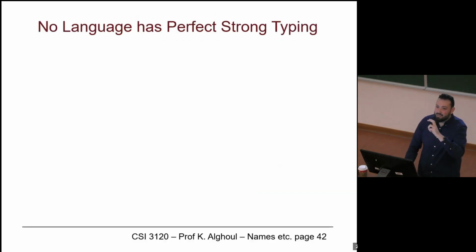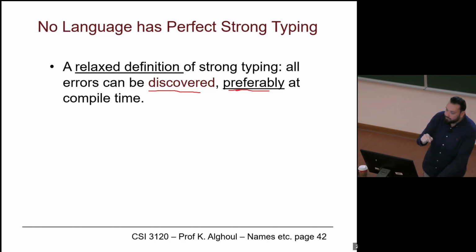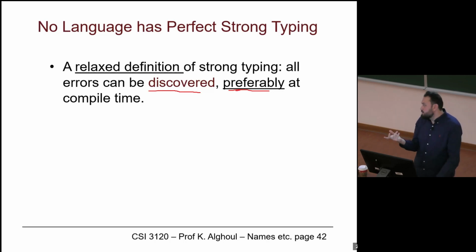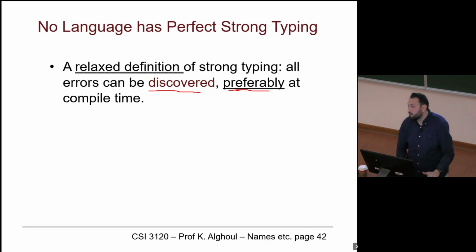So there is a more relaxed definition of strong typing: all errors can be discovered preferably at compile time. Because even Java has some exceptions for this. So it's very hard to actually have this perfect strong typing.